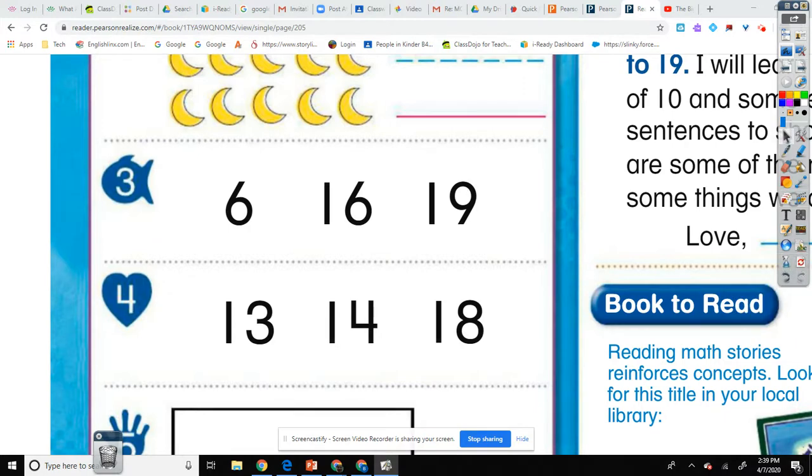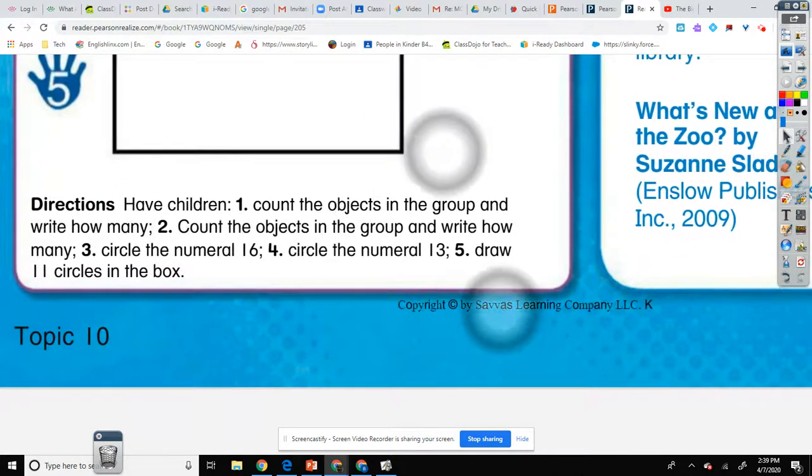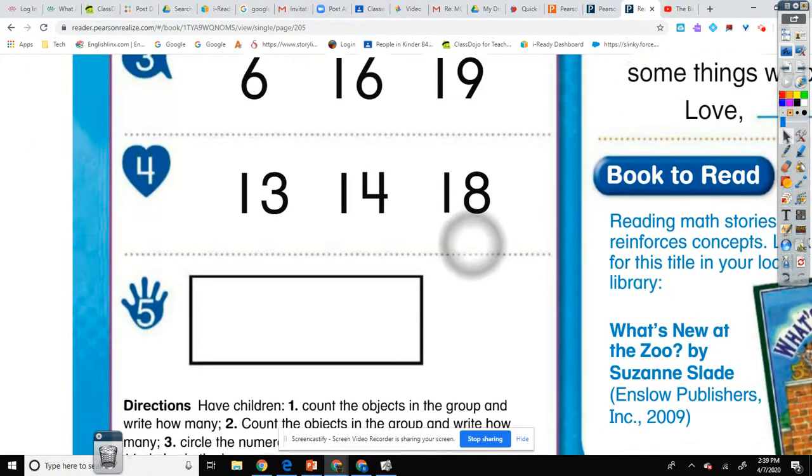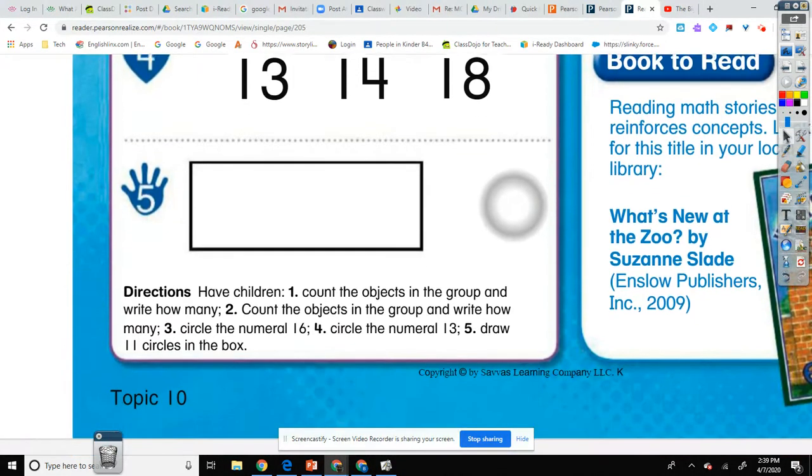All right, let's go to number 4. Circle the numeral 13. So the first number is 13. The second is 14. The third number is 18. So it's 13 they asked us to circle. All right, let's see.